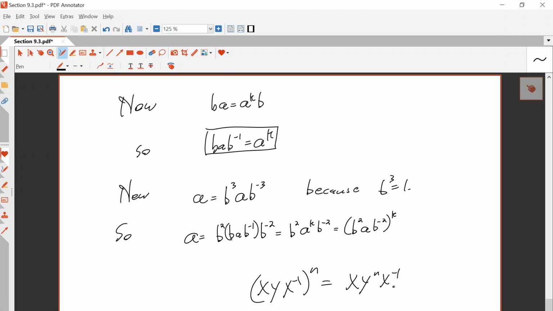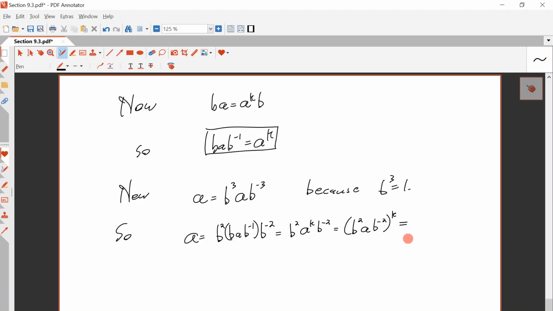You remember that? We proved way back in section 7.2, 7.1 or something like that, this conjugation relationship, X Y X inverse to the N is X Y to the N X inverse. So that's exactly what we've got here. I've got B squared, A to the K, B squared inverse, and I just factor out that exponent. All right.